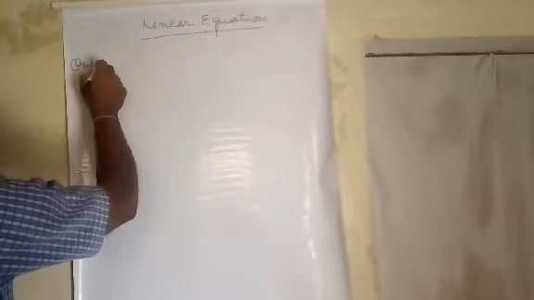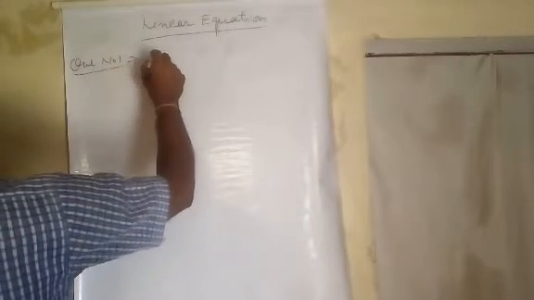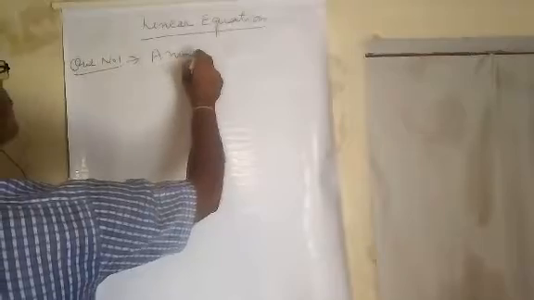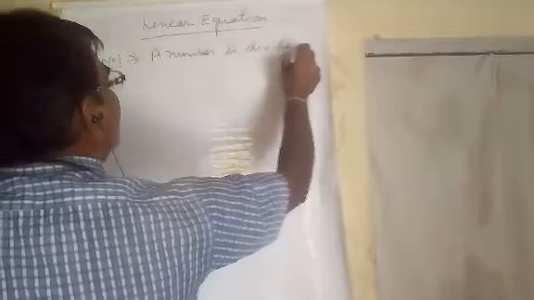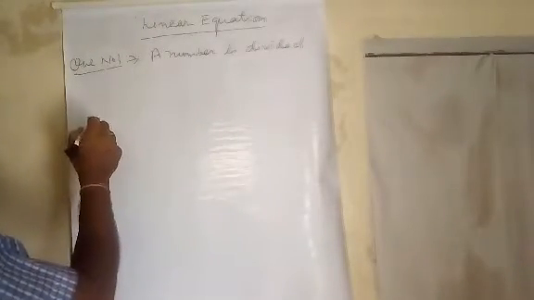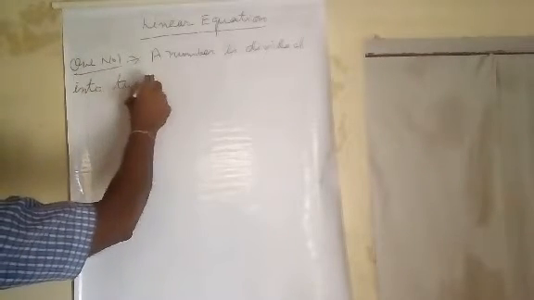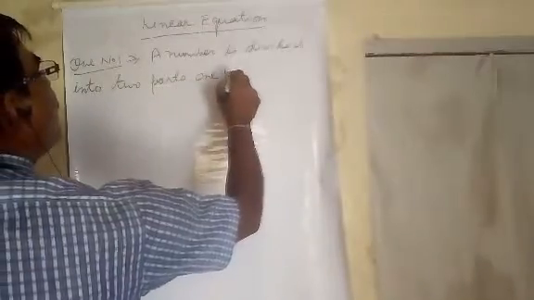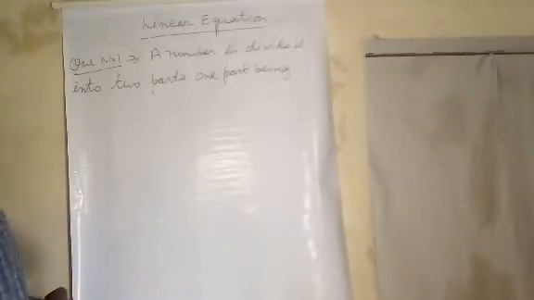Question number one: a number is divided into two parts, one part being four times the other.